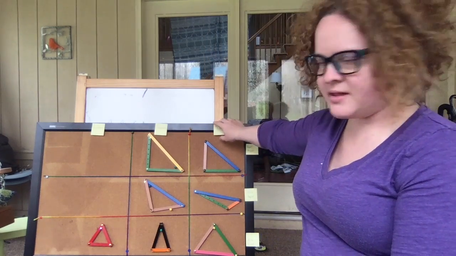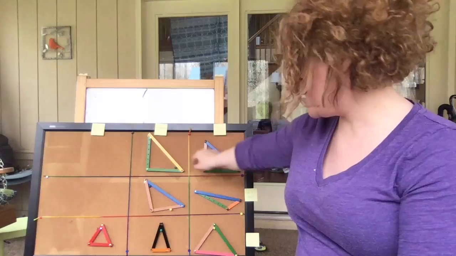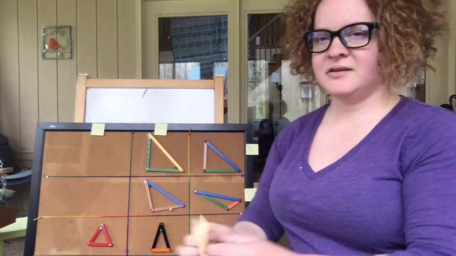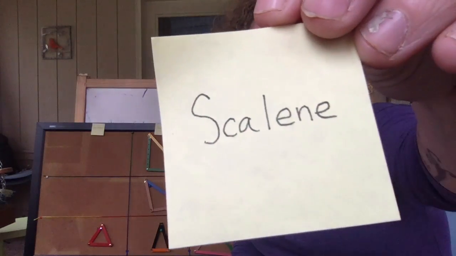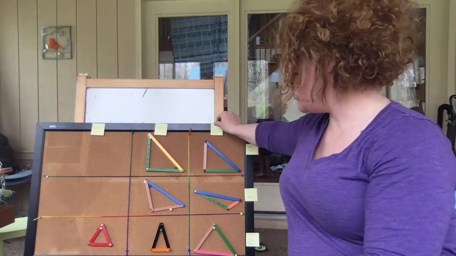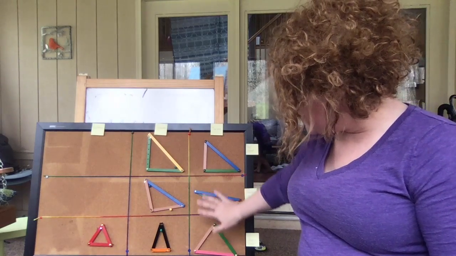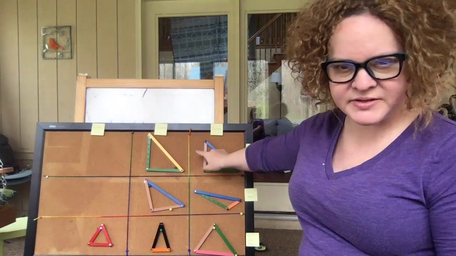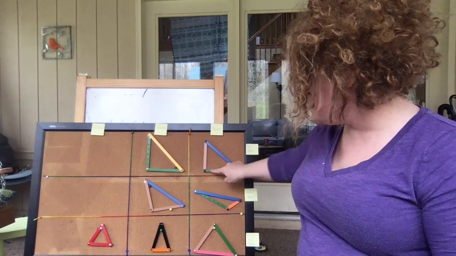So our third column, we did our equilateral and our isosceles triangles. Does anybody remember the last one? Scalene. Scalene being triangles that don't have any equal sides. So all three of these triangles you can see have different colored sticks, right? So this one is a right angled scalene.